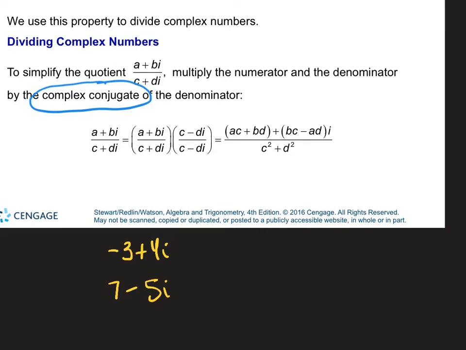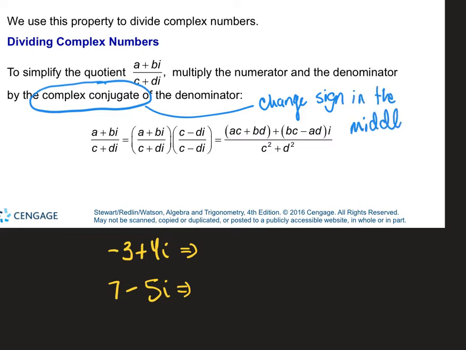And I said to you guys, what's the complex conjugate of these two? Complex conjugate, write this down. You change the sign in the middle when written in a plus bi form.